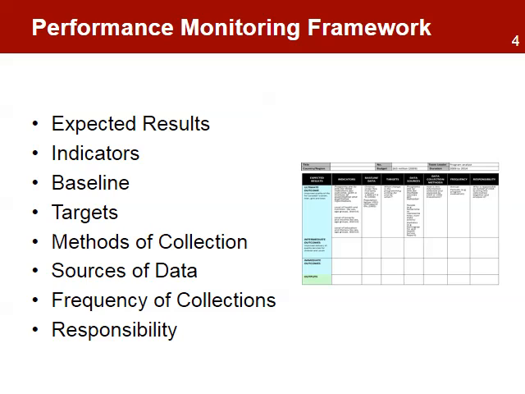These are the expected results, the indicators, the baseline, targets, methods of collection, sources of data, the frequency of collection, and responsibility. In terms of the results chain and the log frame matrix, activities are not included in the framework, only results. Activities are included and monitored in the implementation plan.